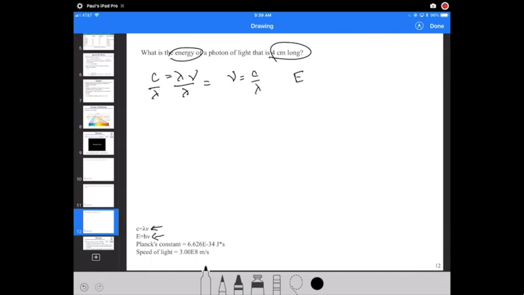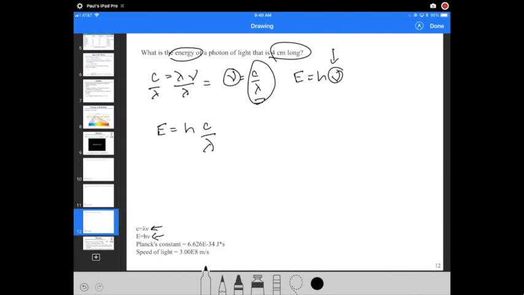And if I have energy, it's h nu. Well, this nu is that nu. So instead of putting nu here, I'm going to put the value of this. The energy is equal to Planck's constant times the speed of light divided by the wavelength.